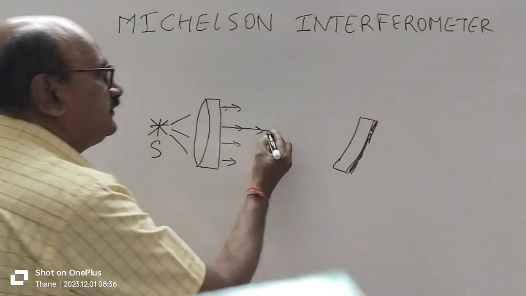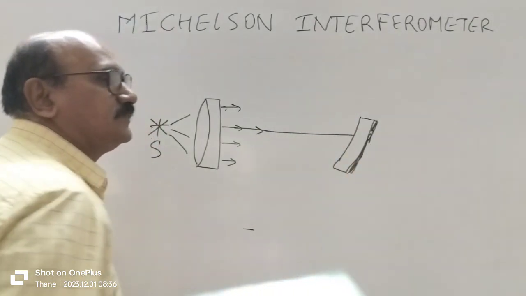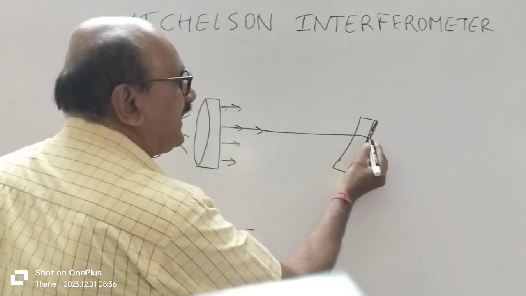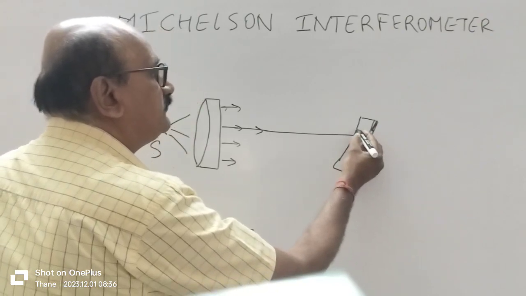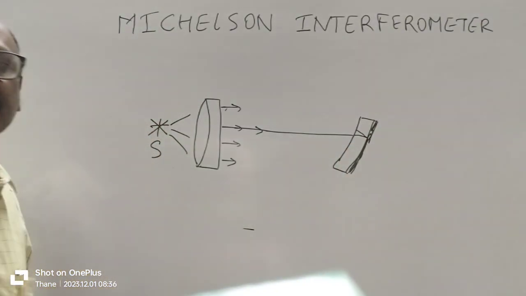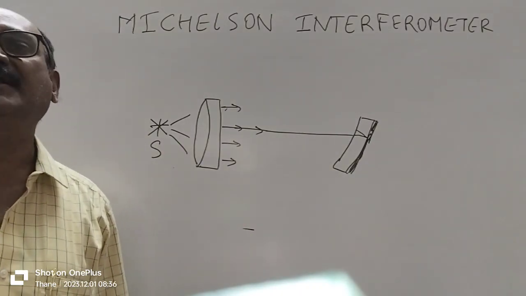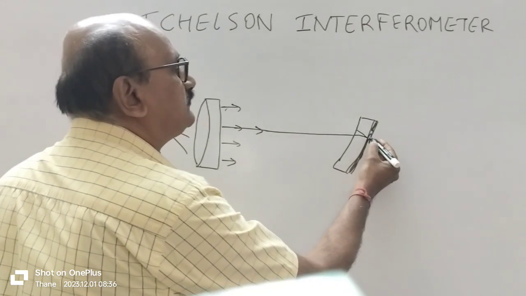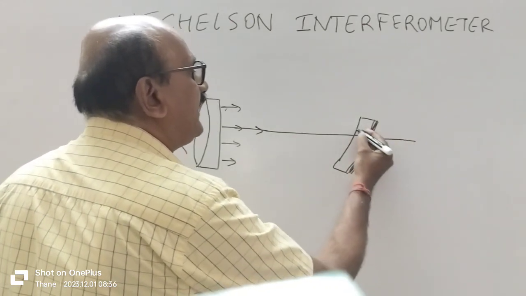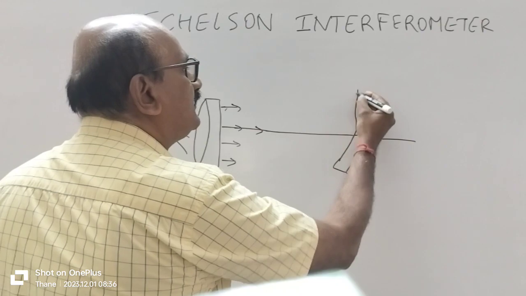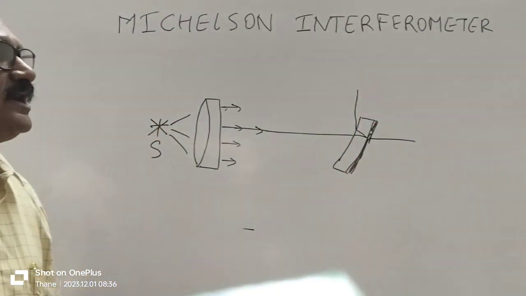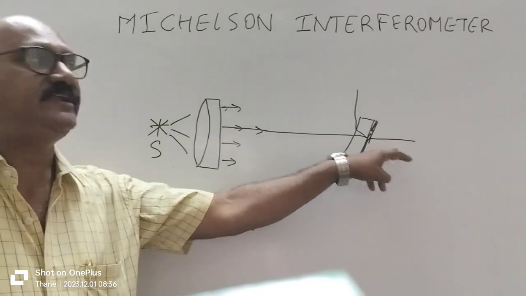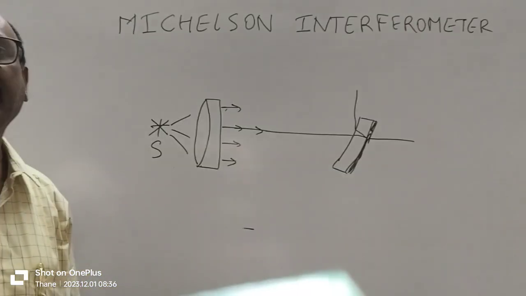When this ray comes at the glass plate, it enters the glass plate and gets reflected back from the back side of the glass plate as it is partly silvered. Now some portion of the light is transmitted and some portion is reflected. So you are splitting the ray into two. One is getting transmitted, another one is getting reflected.